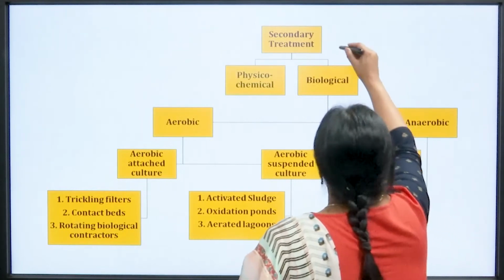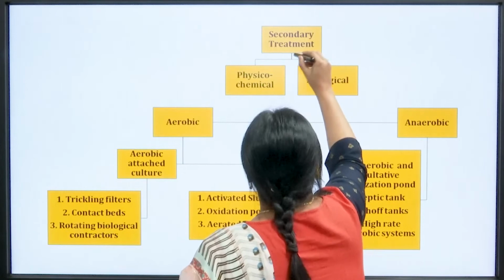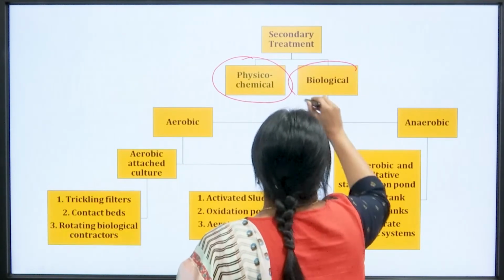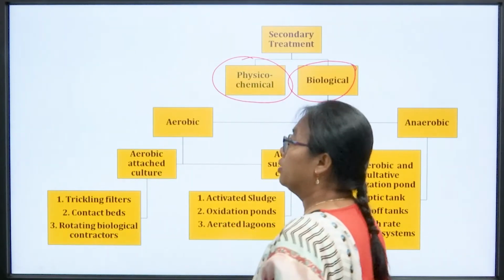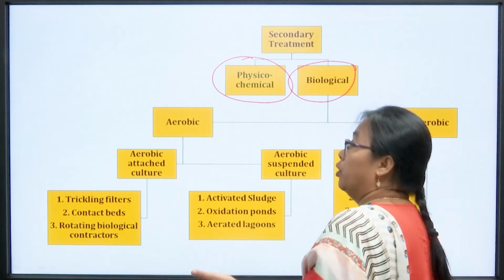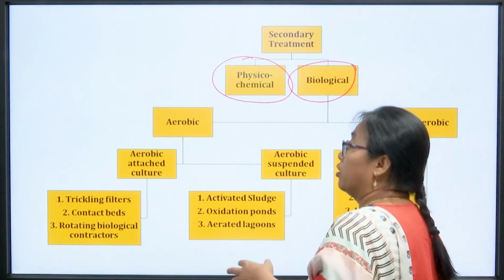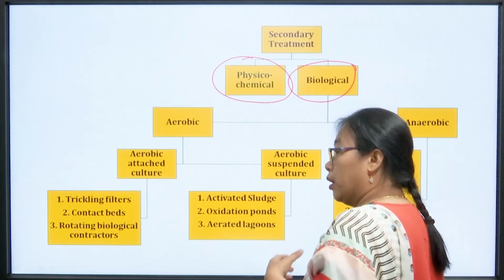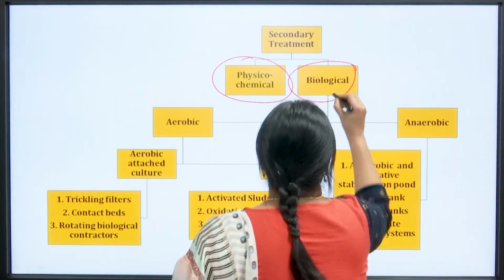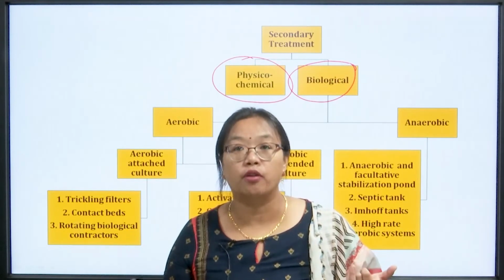The secondary treatment can be either physico-chemical or biological. Physico-chemical means you can use chemicals like coagulants, or physical processes like filtration and all those things, which is going to be very costly, and a country like India cannot afford it. When we talk about biological, it can be of two types, either aerobic or anaerobic.